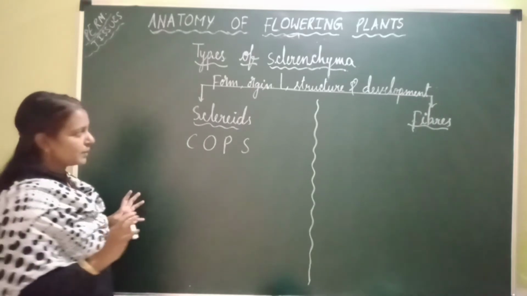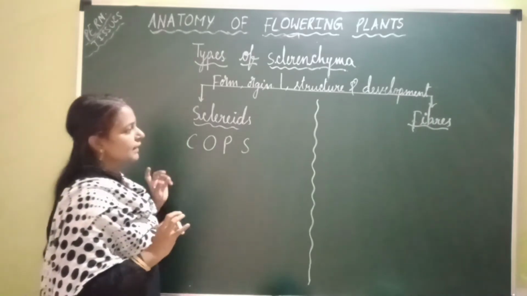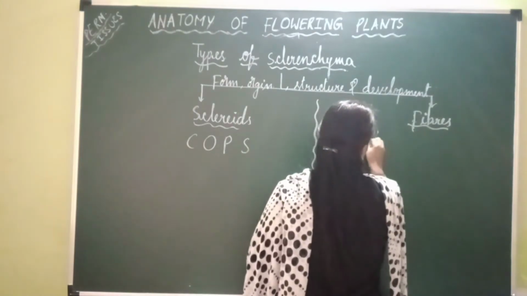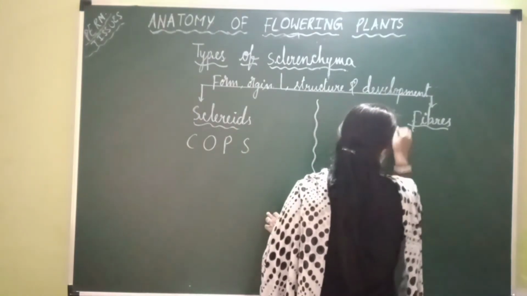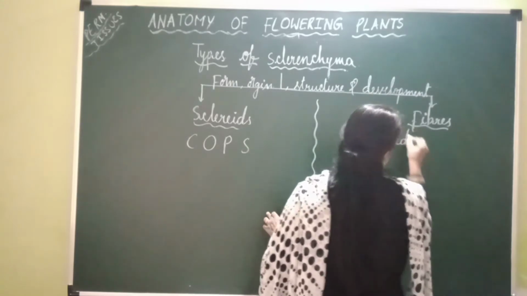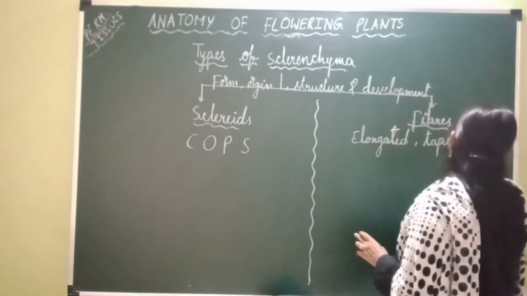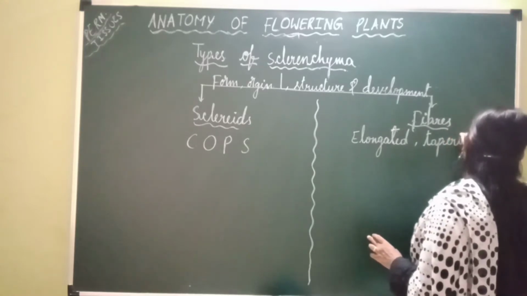So these are different shapes of sclerids, whereas fibres are elongated cells with tapering ends.